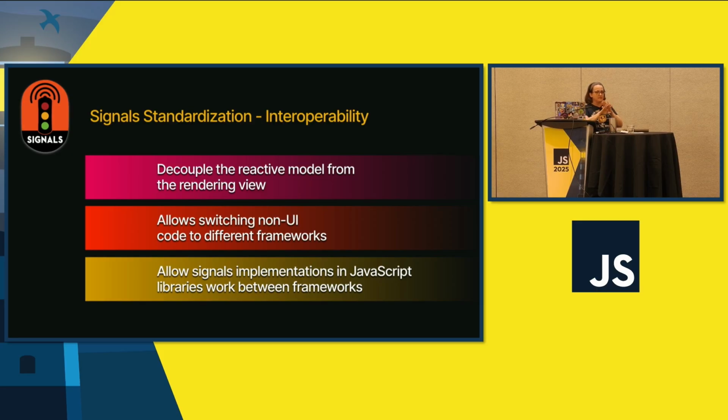The frameworks are going to end up handling what gets rendered. This will allow switching out non-UI code in different frameworks, and it allows signals implementations in JavaScript libraries to work between frameworks. If you're an Angular dev, you know that a lot of stuff doesn't work for us, and a lot of the reason for that is because of our zone dependency. But anytime there's any little differences, it can make things not work, so you can't share tooling between libraries.